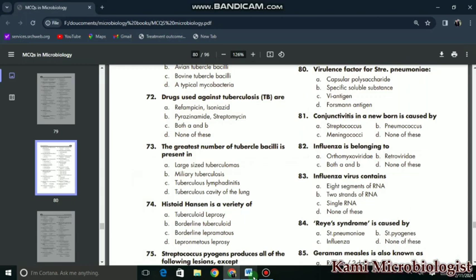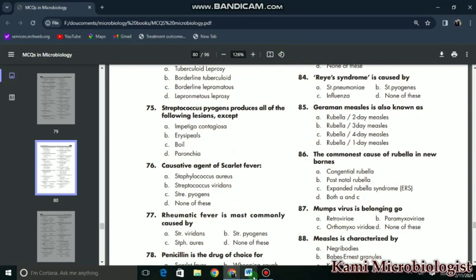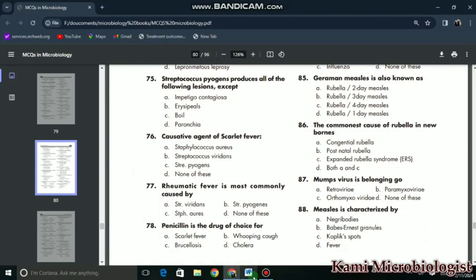B is the correct option. MCQ number 84 says that Reye's syndrome is caused by influenza. 85 MCQ says that German measles is also known as rubella, 3 days measles. So B is the correct option.